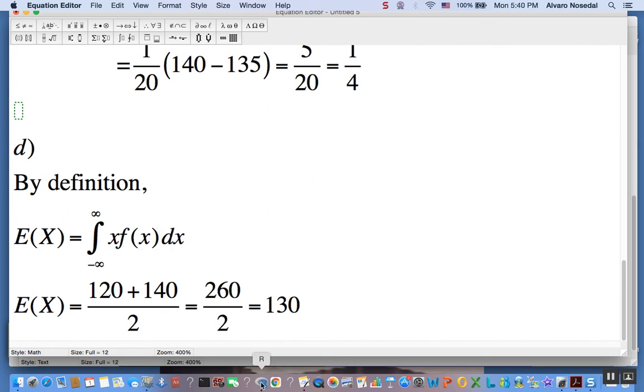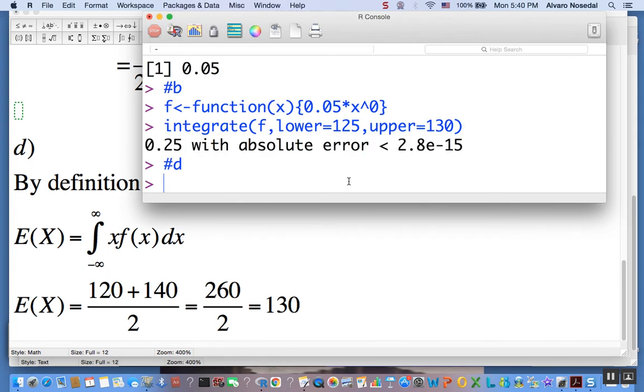Okay, now let's see if we can do that using R. So now I'm going to do this, x times f. That's a new function, the product between x and the PDF we have already defined. It's a function of x, and between those curly brackets what we have is 0.05, that's the PDF, and let me do the x part. No problem, right?